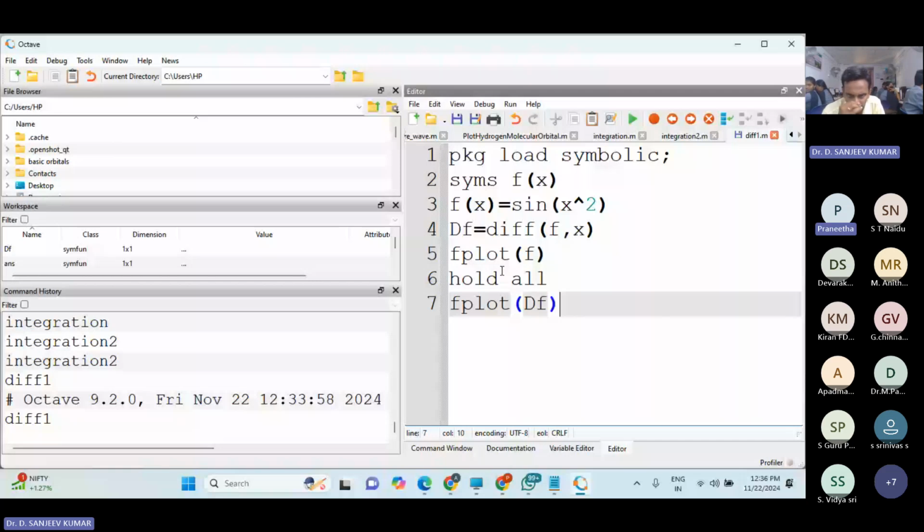Diff is a built-in function, so you have to use any other name for your function.